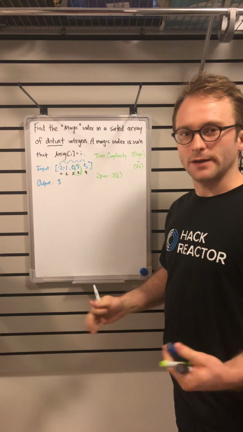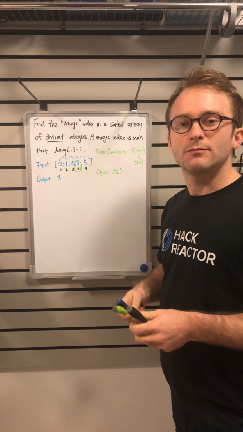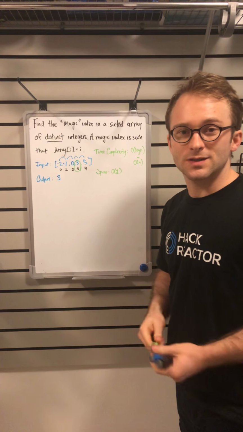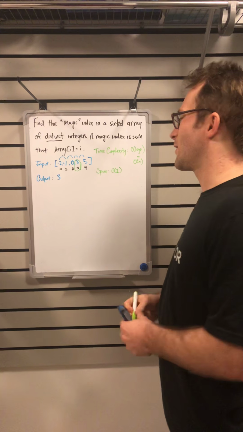But that may take a long time, because if you're given a data set of, I don't know, millions of integers, that'll take a long time. And we don't have a lot of time as programmers, right? So we need to go fast.